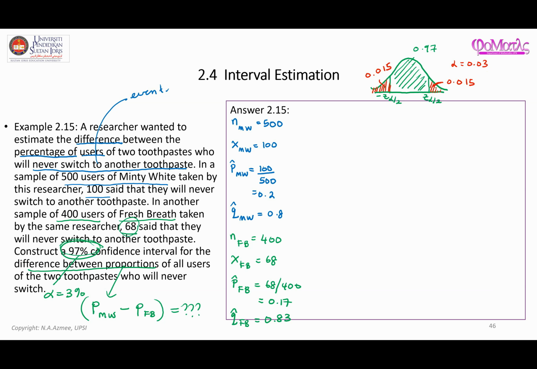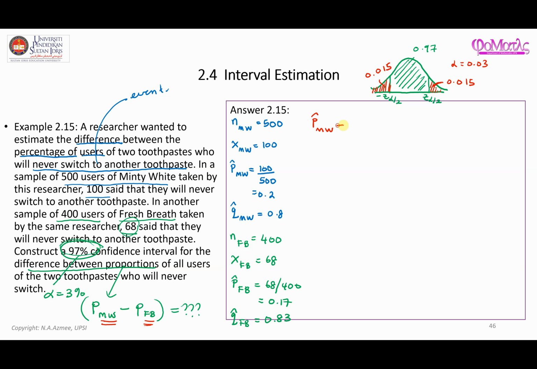Okay, so next we are just going to consider the formula for the confidence interval here, and it is going to be p hat. So we are going to follow the convention given here, which is minty and fresh breath.